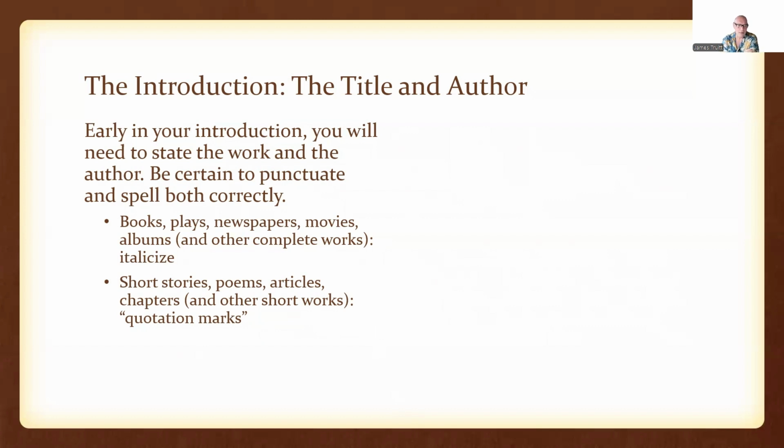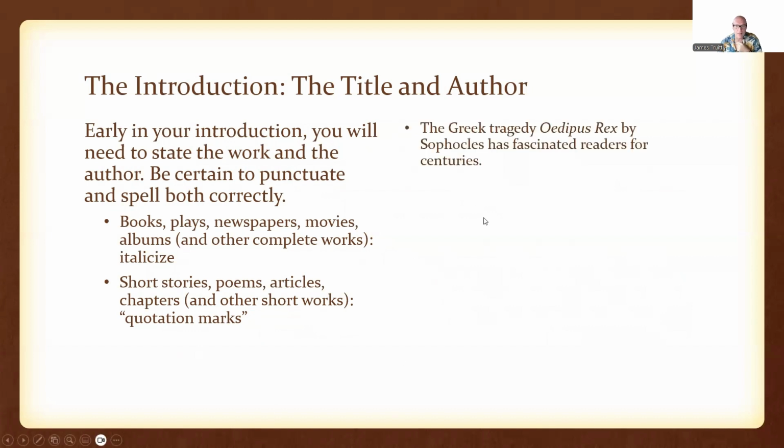As far as punctuation goes, books, plays, newspapers, movies, albums, or other longer or complete works get italicized. Short stories, poems, and shorter works get quotation marks. So if you were going to write about Oedipus Rex, the Greek tragedy Oedipus Rex by Sophocles has fascinated readers for centuries.